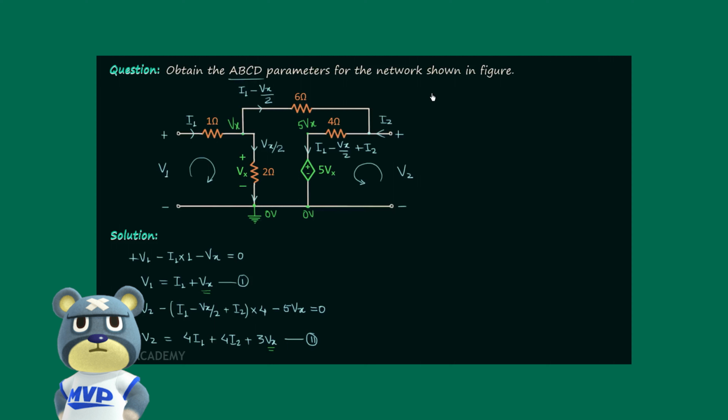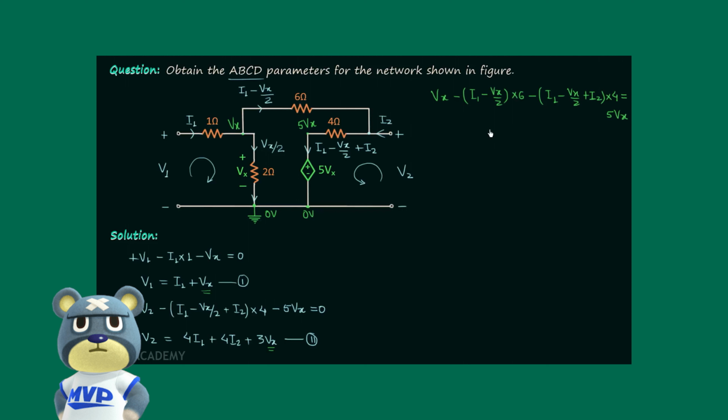We will have Vx, then minus (I1 minus Vx by 2) multiplied by 6, minus (I1 minus Vx by 2) multiplied by 6, then minus (I1 minus Vx by 2 plus I2) multiplied by 4, minus (I1 minus Vx by 2 plus I2) multiplied by 4, and then we will equate with 5 times Vx.